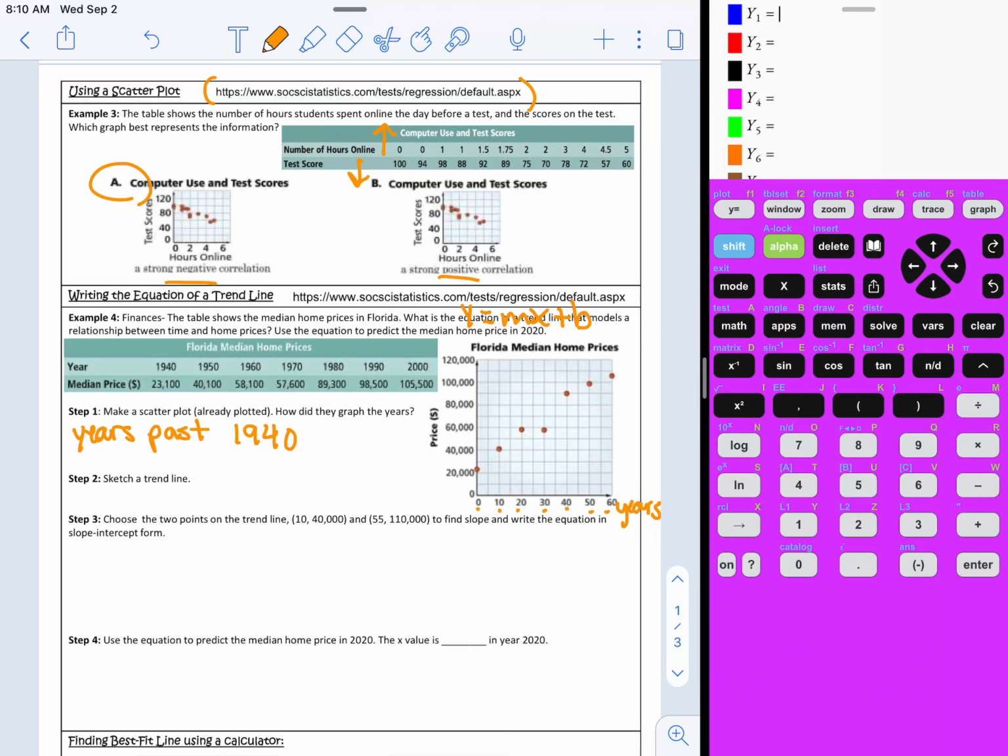So they actually did 0 for 1940. They did 10 for 1950. They did 20 for 1960. 30, 40, 50, and 60. So the years are the years past 1940. So if you look at 30, that is essentially 1970, okay?